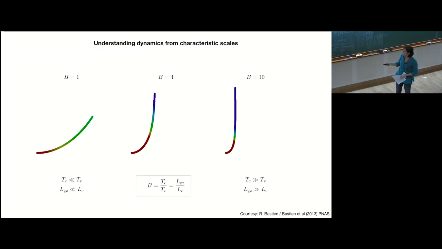And here the growth zone is much bigger than the length of curvature. You see that it's of this order of magnitude, and therefore you can fit it and everything else is straight, okay? So you can understand these dynamics and the final picture just by looking at these different scales. And I think it's very nice that you can relate the two.